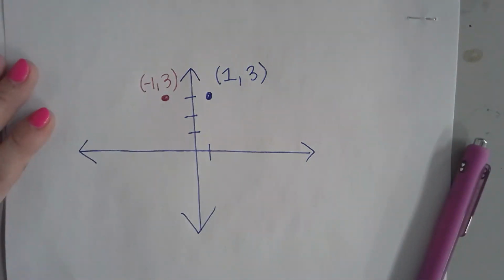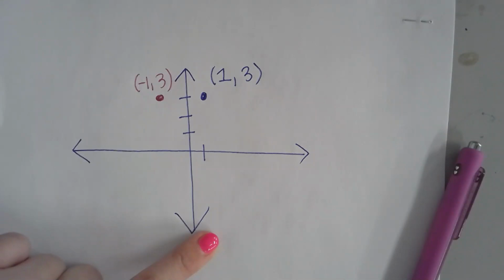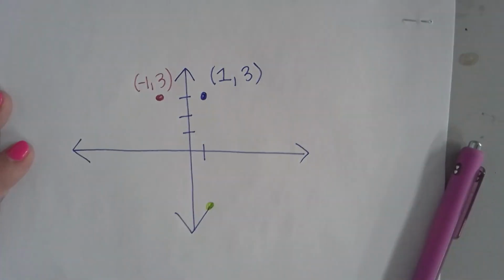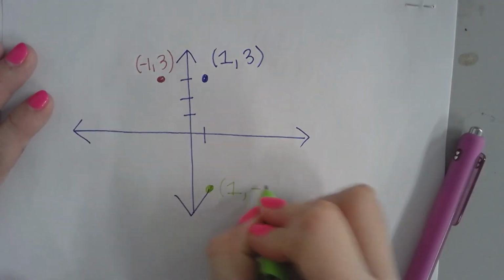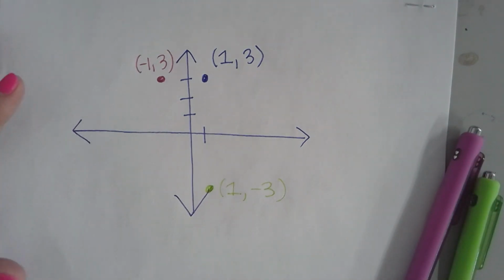What if I take this point and reflect it across the x-axis? It's going to come down here, which is hard to see. What's that coordinate going to be? 1, negative 3. So when we start looking at this unit circle and you learn about some points in the first quadrant, to find the rest of them, you're just going to be reflecting.